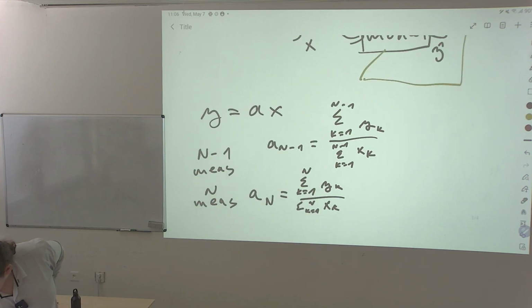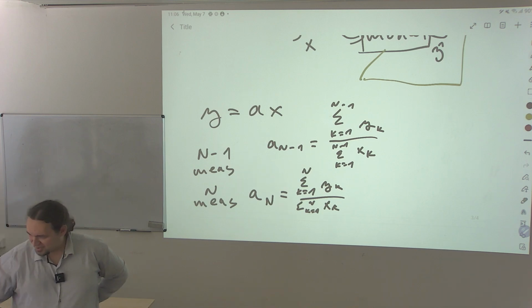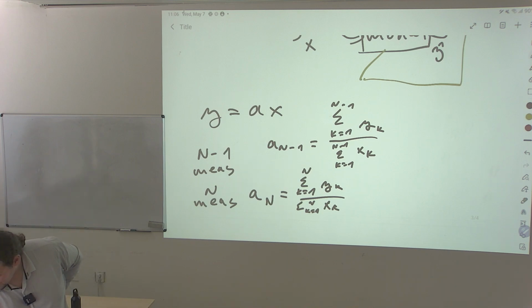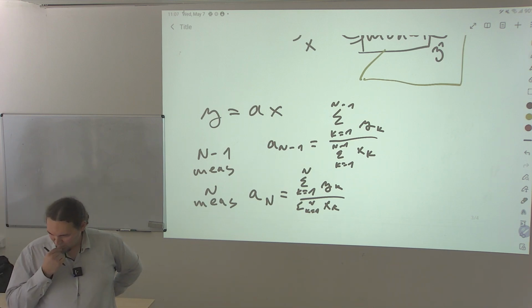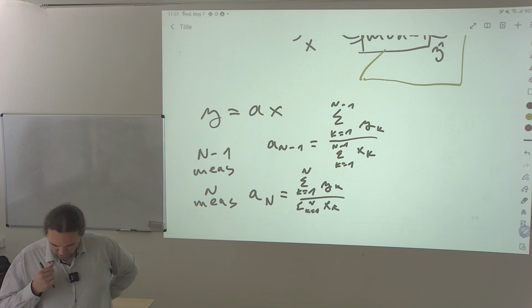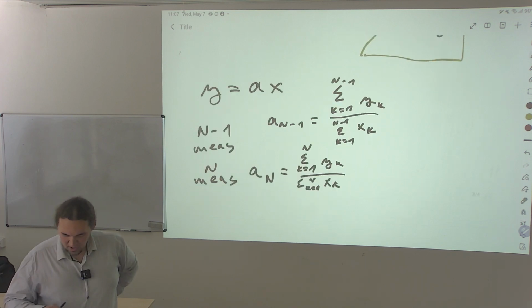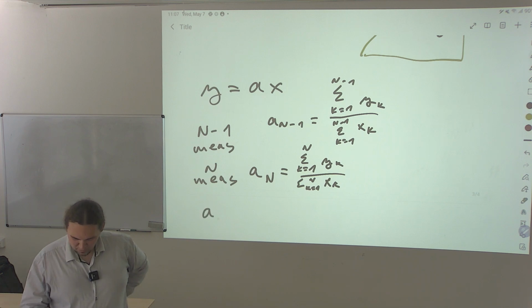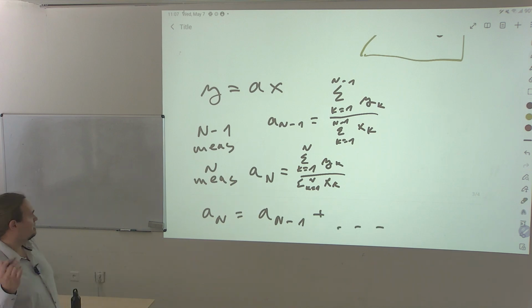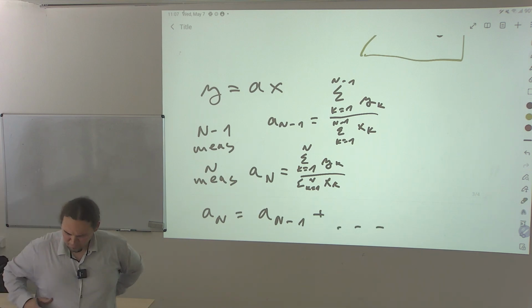So can we somehow make this happen, to have an update formula? Like an is equal to an minus 1 plus or minus something.